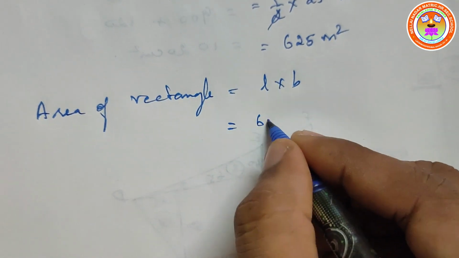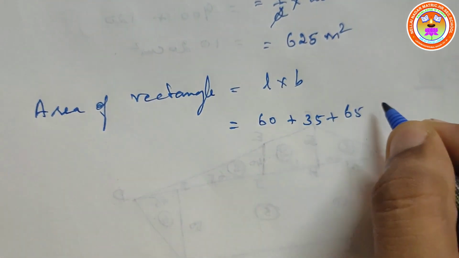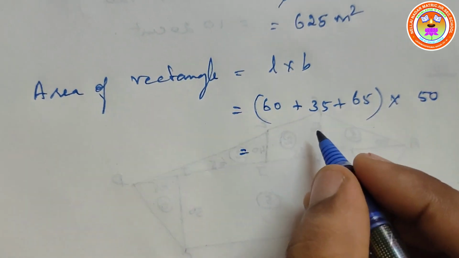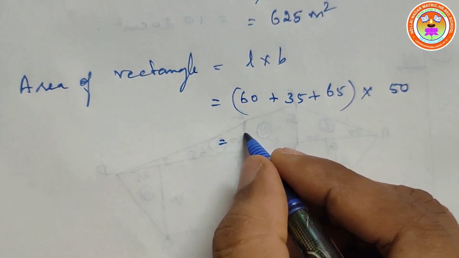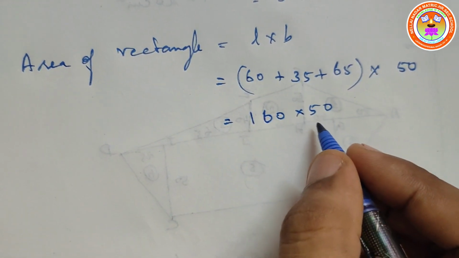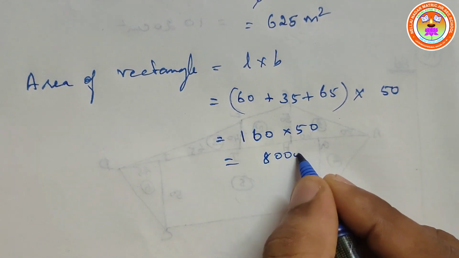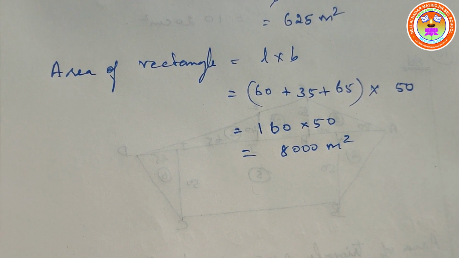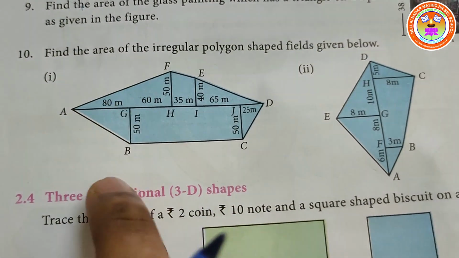Length is nothing but, as I said, 60 plus 35 plus 65 into breadth is nothing but 50. If you add 60 plus 35 plus 65, you will get 160 into 50. 160 into 50 is equal to 8000 meter square.